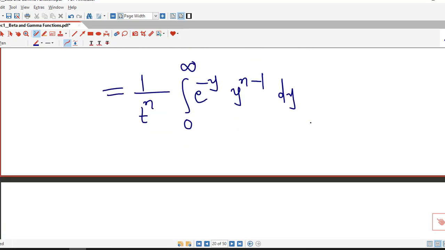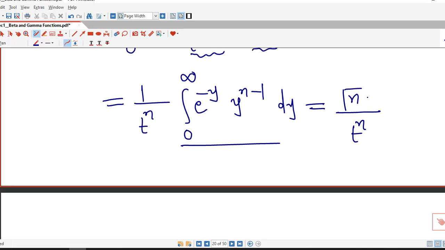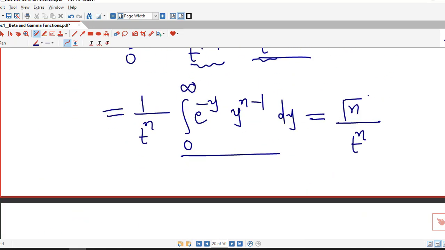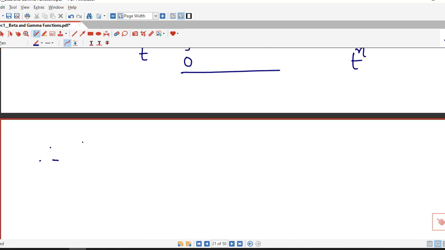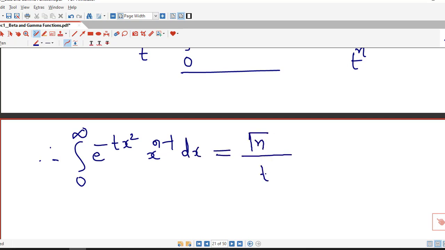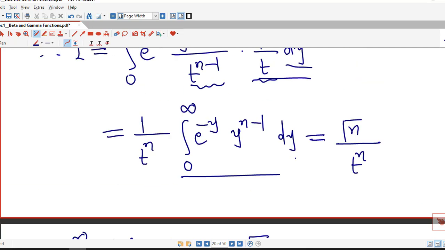And if we observe, this is nothing but value of gamma function at n, so we obtain gamma n over t raised to n. Okay, so the value of I, integral 0 to infinity e raised to minus tx, x raised to n minus 1 dx, we have proved as gamma n over t raised to n.